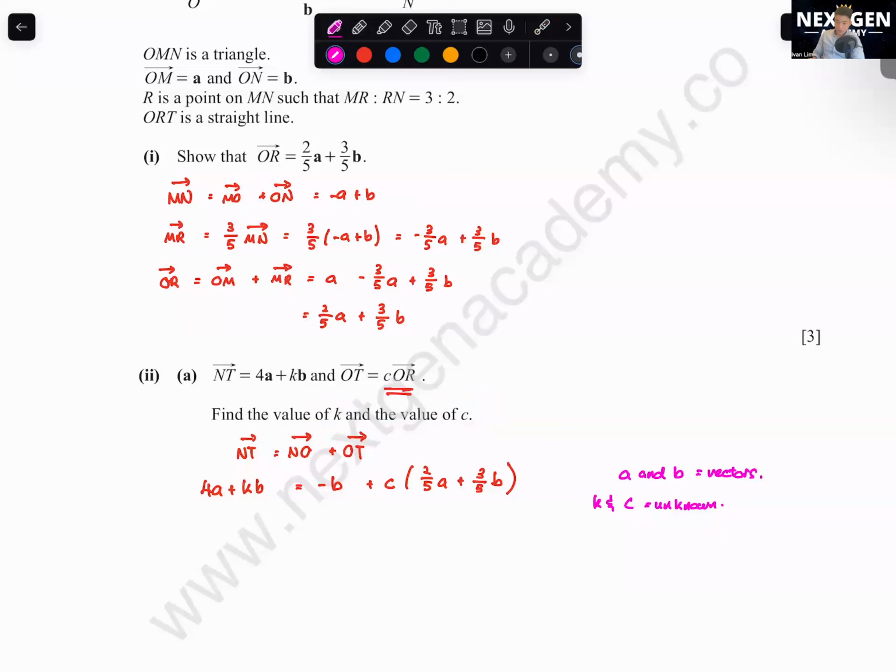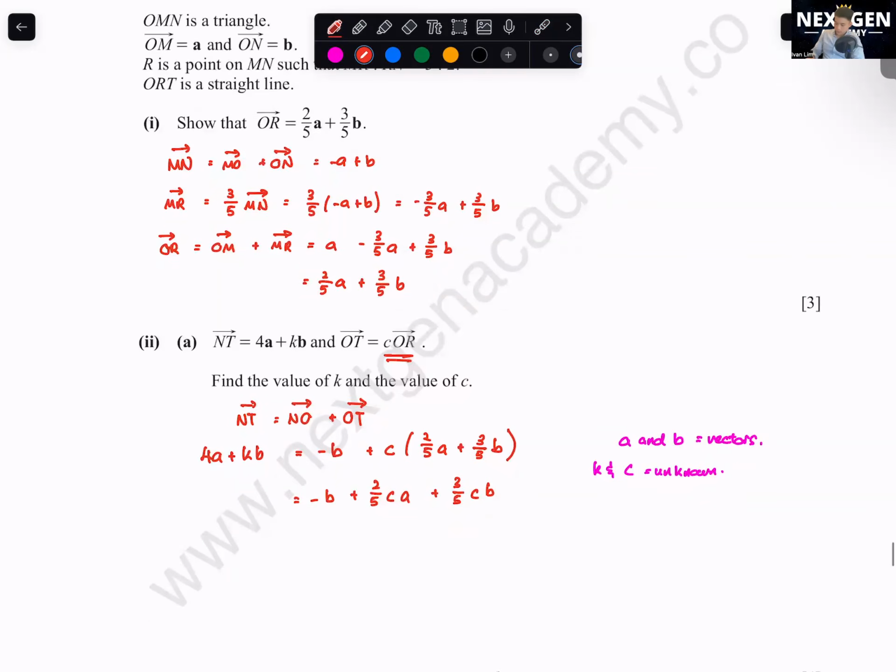So how are we going to arrange this? Let's focus on the right-hand side first. Open up the bracket: negative B plus 2/5 CA plus 3/5 CB. I am going to gather the A and B together in a group.